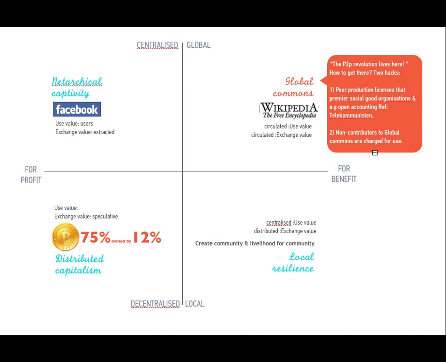But if you look at the back end of Facebook, it's very clearly not peer-to-peer. We don't decide on the design, we don't own our data, we get nothing from the monetization of the platform. So that's typically a netarchical platform, the hierarchy of the network. Behind what obviously seems like a peer-to-peer network and has real peer-to-peer effects, we do have centralized infrastructures.